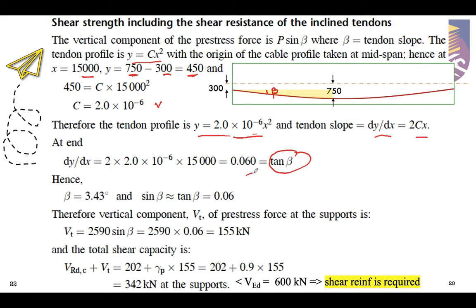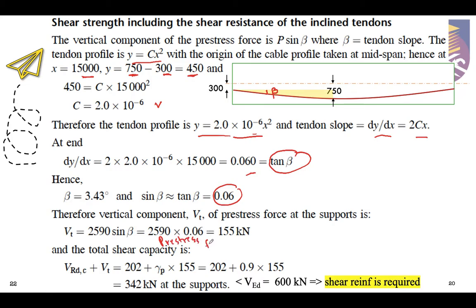Calculated based on this, the tangent beta is almost similar to the sine beta, so we are going to use the same value. Therefore, we are going to have the vertical component Vt of the pre-stress force at the support, which can be determined based on this equation. We have the value of this P, which is the pre-stress force, which has already considered the pre-stress loss.